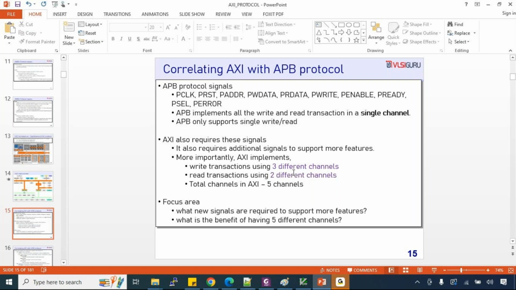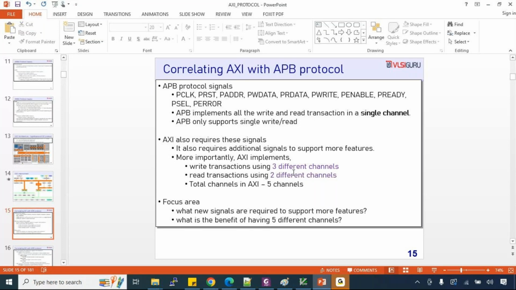So they divide all this into 5 total channels. 3 for write purpose, 2 for read purpose. Let's again remember the fundamentals. What is the purpose of having channels? To be able to do multiple transactions concurrently. While one transaction is happening, you don't want another transaction to be stuck. Essentially, that's the purpose. Finer details we'll understand later.